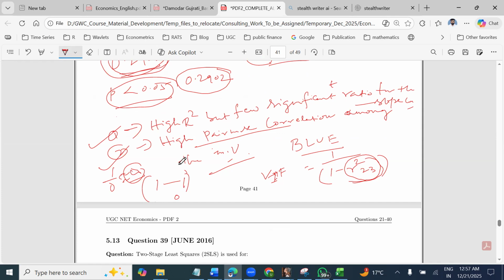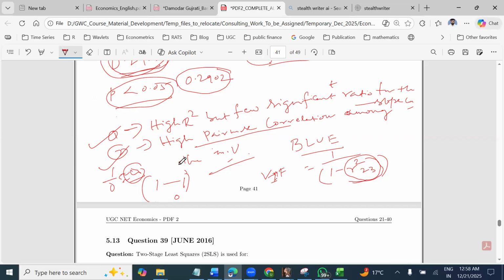So what we can conclude here is, when the extent of collinearity increases, the variance of an estimator increases, and in the limit it can become infinity. Then there is a very severe, high collinearity problem.